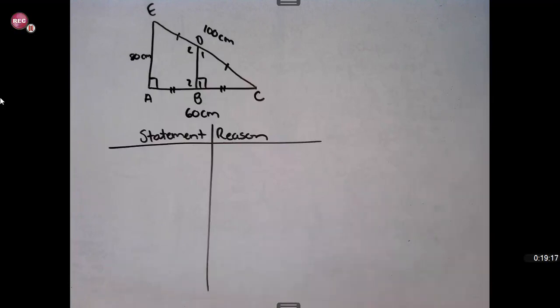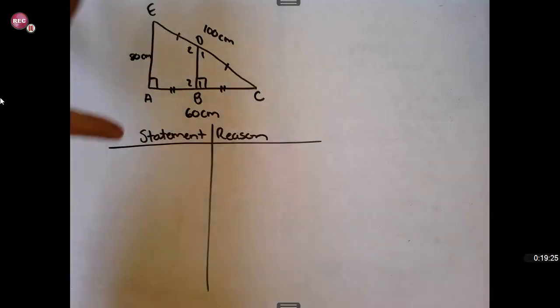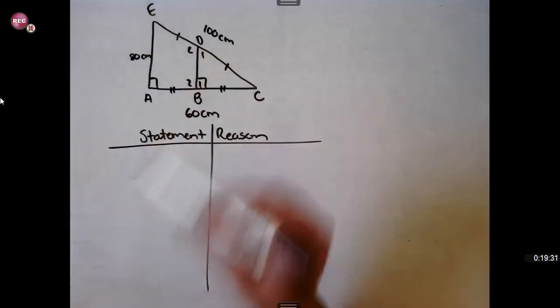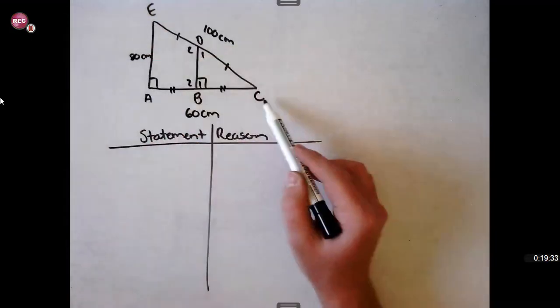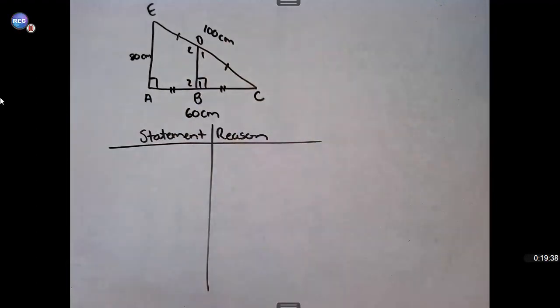So, we are going to work with the big triangle, and we're going to put it over the smaller triangle, because obviously it was reduced from the big one to the small one. Okay, so first of all, side AC and side BC would be corresponding sides.